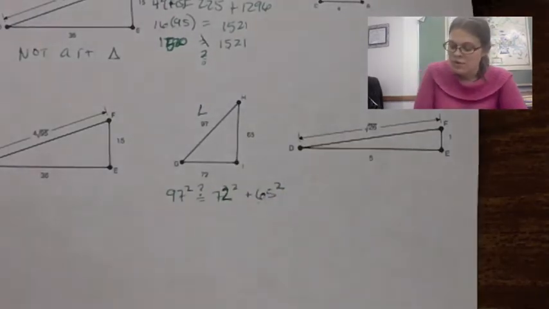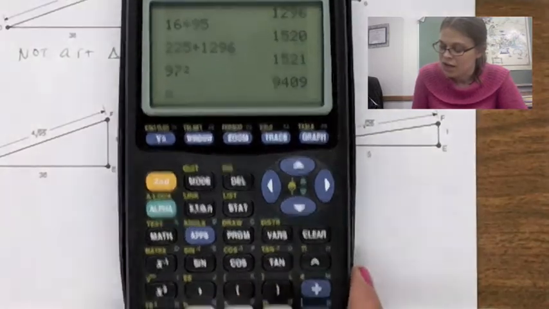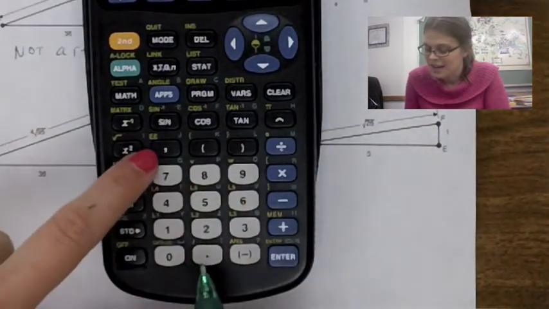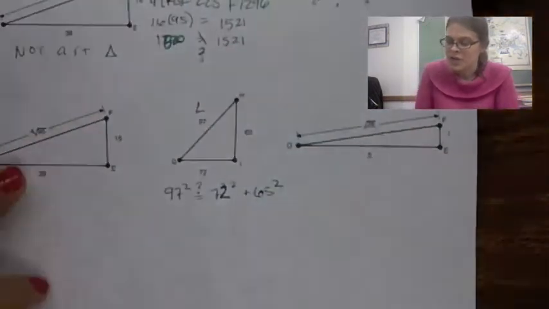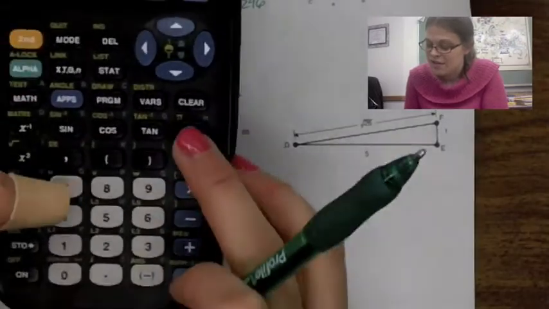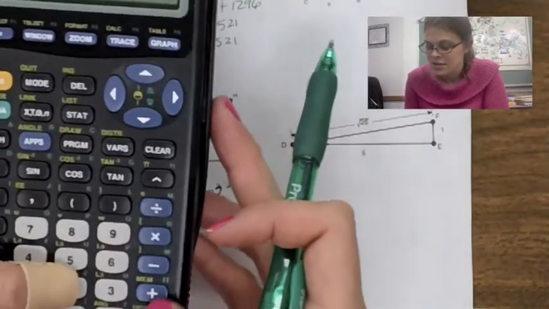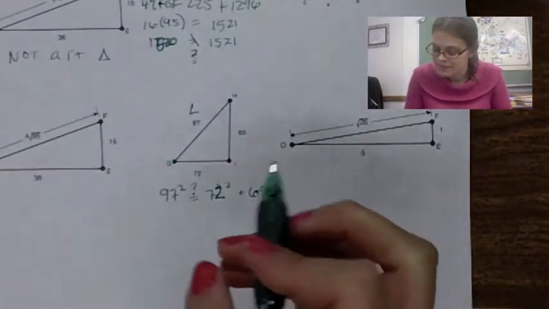Okay, so if I use my calculator, 97 squared is 9409. Now on your calculator, if you have a TI-83, your squared button is diagonally up and left of the 7 button. The other option is you could do 97, and then this button right here above the divide sign is called a caret, and you could do caret 2. Notice it gives you 9409 either way.